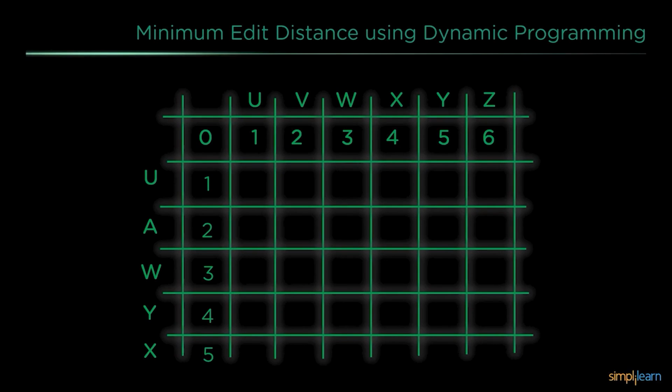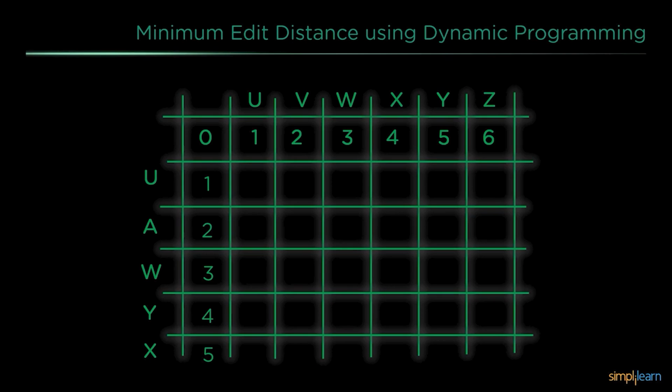Our first row contains the first string, UVWXYZ, and our first column contains the second string, UAWYX. We then have an extra column and row stating that string 1 will require 6 edits to convert to string 2, and string 2 will need 5 operations to convert to string 1.